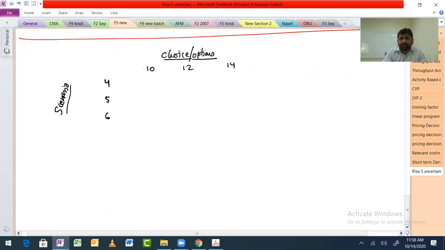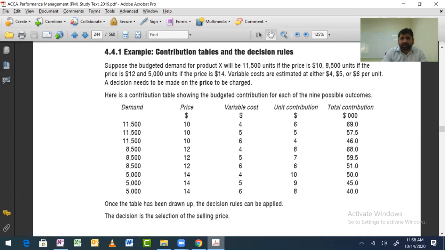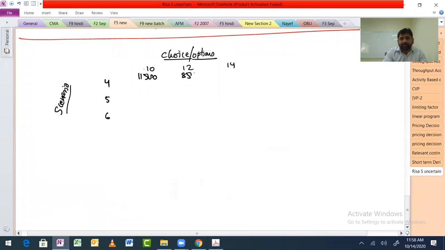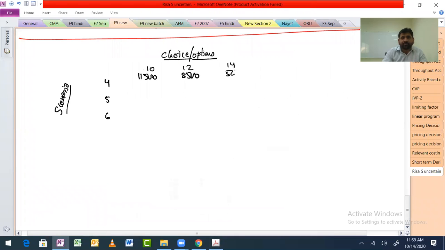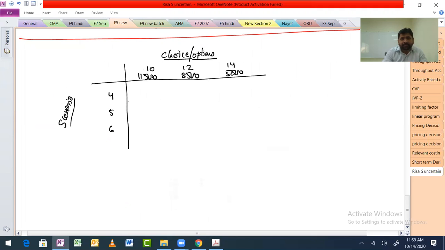If you keep the price at 10, you will be able to sell 11,500 units, and 8,500 if it is 12, and 5,000 if it is 14. Now we have to do the calculation. This is our option and this is the scenario.